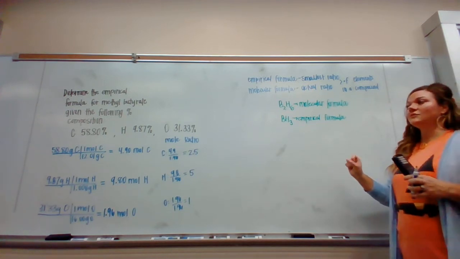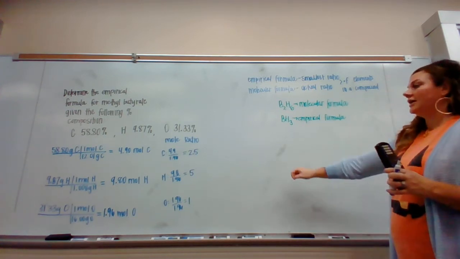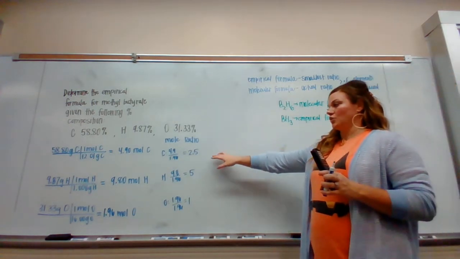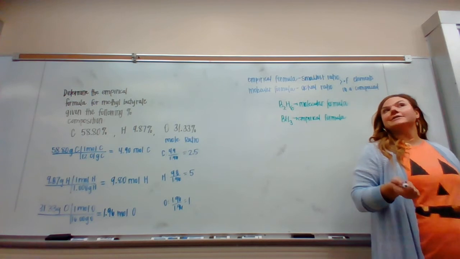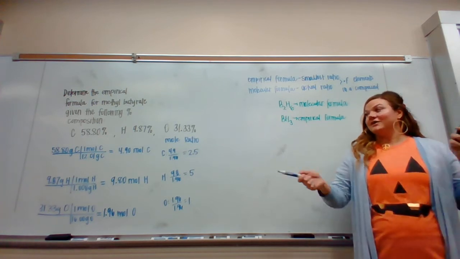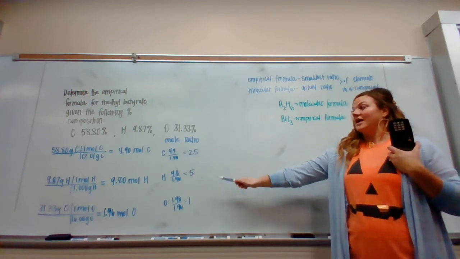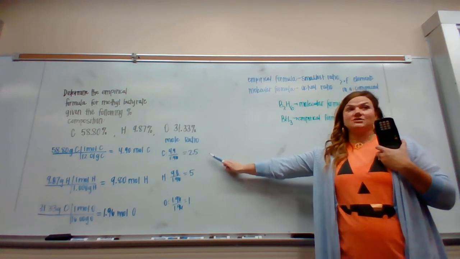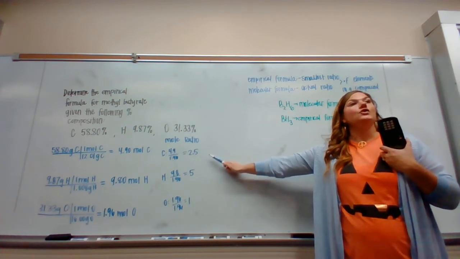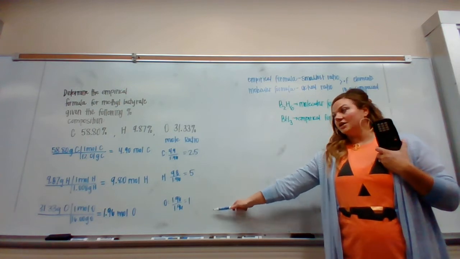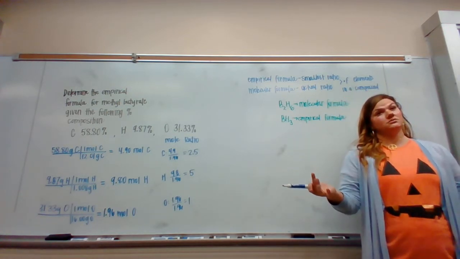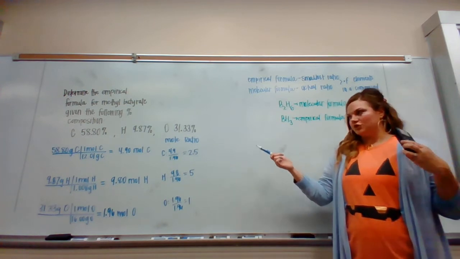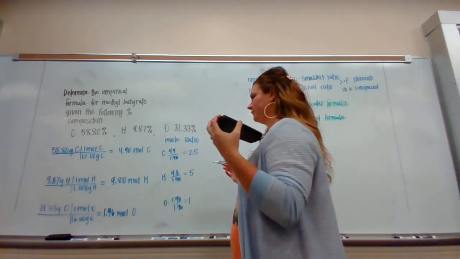However, you've never seen a formula that had a decimal as a subscript, because you can't have that. So, you get to this step and you end up with a decimal that you can't round. You need to multiply all of these numbers by some number to get whole numbers. Okay, what can I multiply 2.5 by to get a whole number?